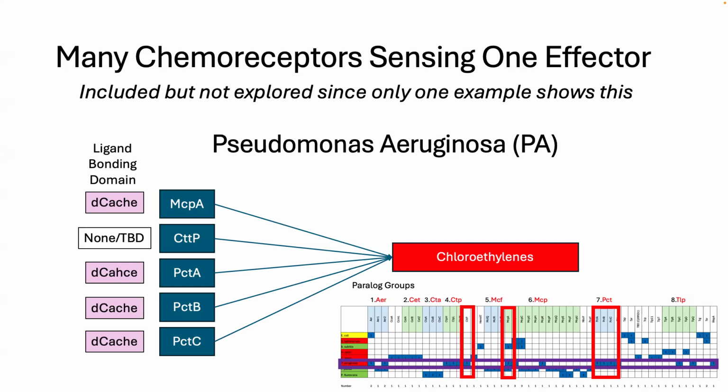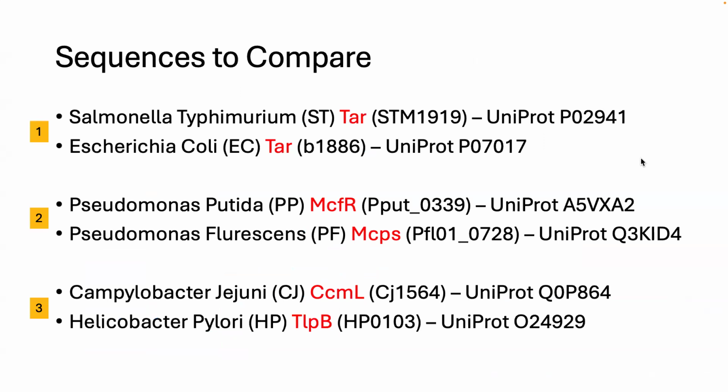So for the sake of what I'm going to focus on, I found three different cases that I'm going to compare two by two for this part of my presentation. The E. coli and Salmonella, and then PP and PF. These are orthologs, these are paralogs, and these are just showing two complicated types of chemoreceptors that sense a lot of different things, and can we observe anything about their structure?